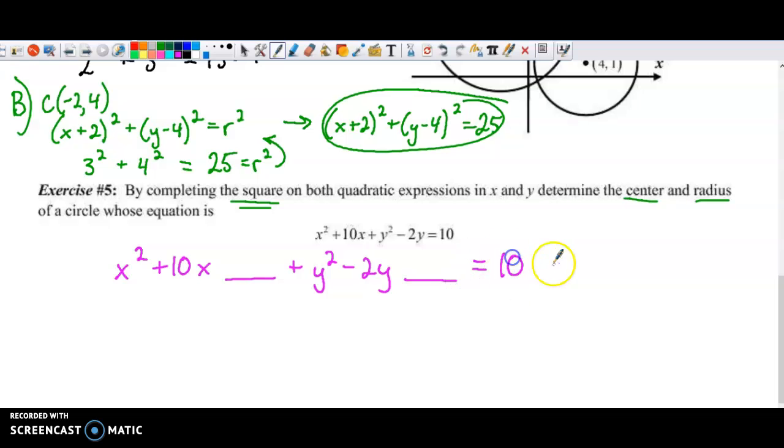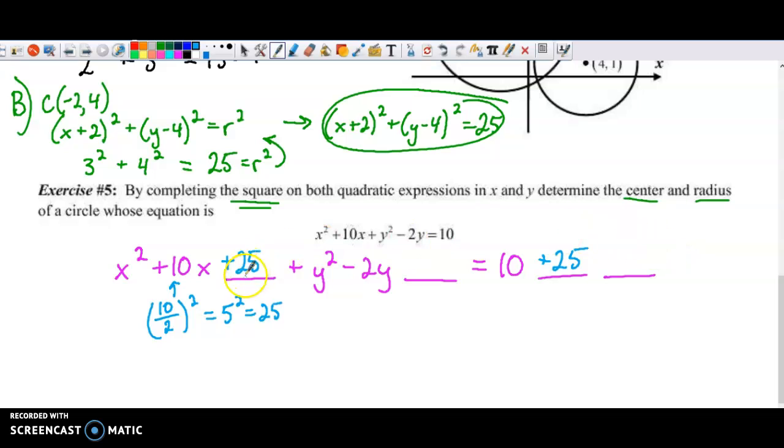Equal to 10 with a blank and a blank. Because we've practiced this skill before where we took half of this number and squared it. So that would be 5 squared is 25. Now what's different with this problem, now I am going to put it right here, but instead of subtracting it later like I did in the previous section, I'm actually going to add it to the right side.